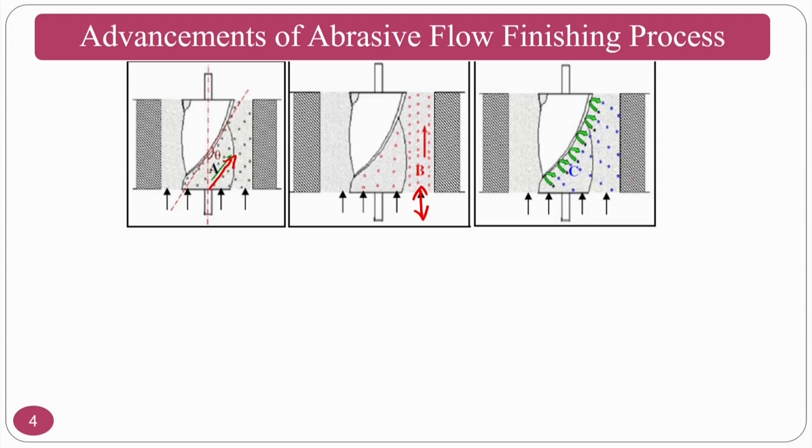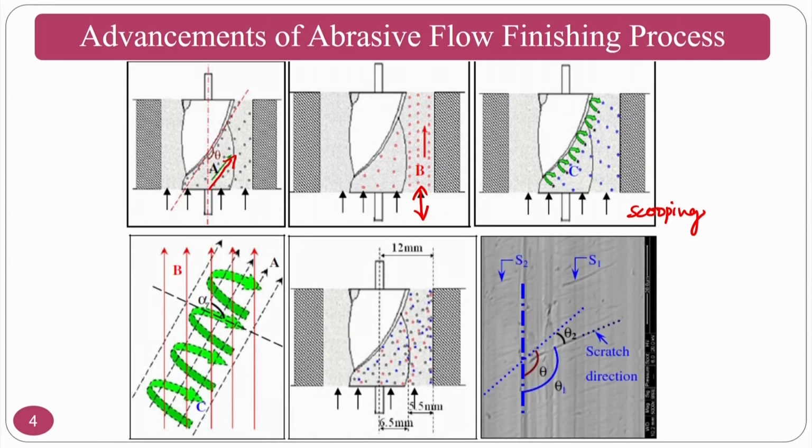This scooping flow along with reciprocating as well as inclined flow leads to a dynamic motion of abrasive particles at the center of the slug, but it may or may not improve the surface finish or randomize the abrasive particles as we expect, because this is happening at the center of the medium.